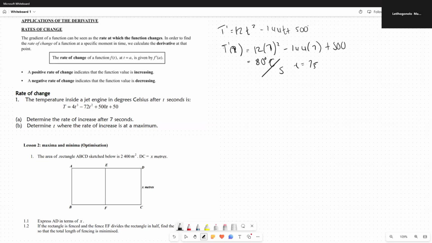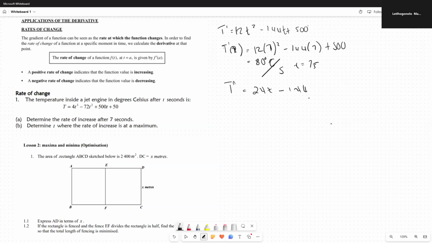Then B says determine t where the rate of increase is at its maximum. And this is when it is now changing from concave up to concave down. So it's going to be our point of inflection. This is now where the second derivative is equal to 0. So the second derivative would be 24t minus 144.